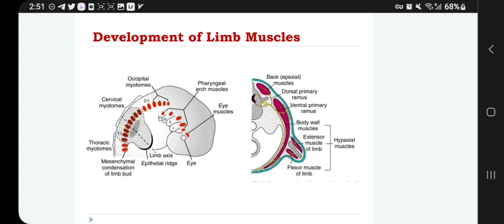The median and ulnar originate from the anterior branch, and the radial comes from the dorsal branch of, for example, C5, 6, 7, 8, and T1. Okay, that's the difference between the organization of the muscle based on the embryologic origin or the innervation.